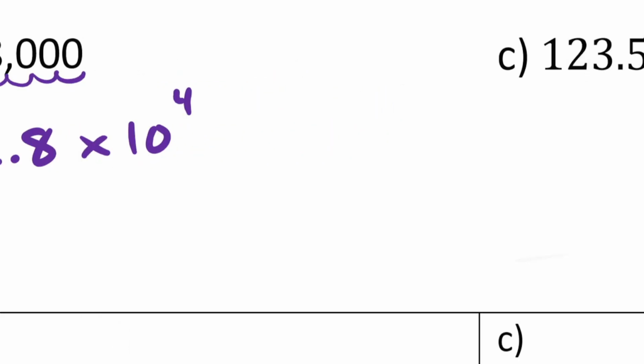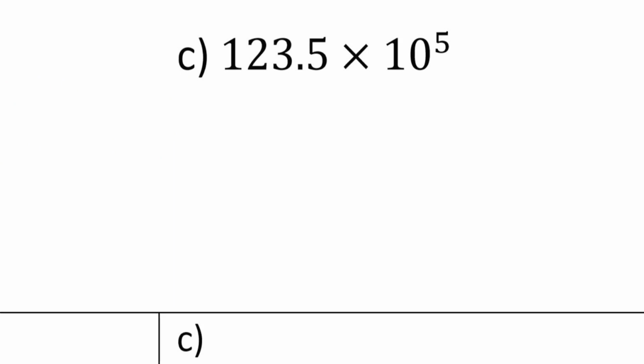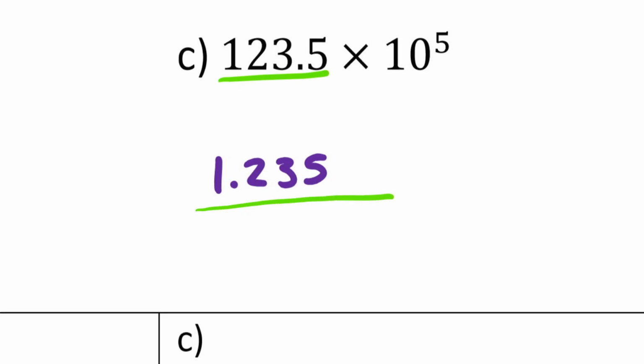And then the last one here, I've got a number that's not quite in scientific notation, right? So my goal, kind of similar, I'm looking at 1.235. Now, this number that I've underlined in green is not 1.235, right? I need to multiply by 10 twice, so times 10 to the second. So this whole thing underlined in green is exactly 123.5, right?